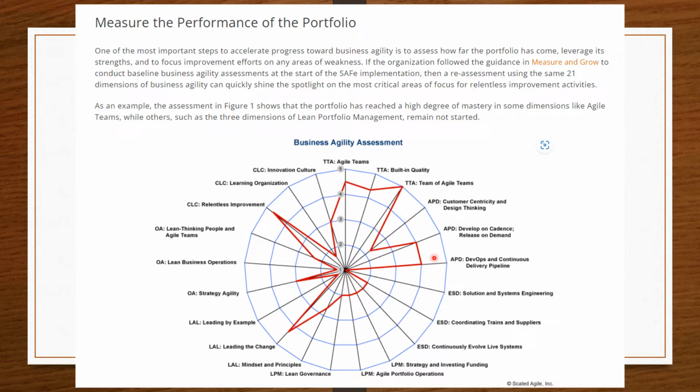You can do a business agility assessment, or you can use a lot of metrics in terms of team agility, technical agility, and product agility. You can measure and improve on each area. There are a lot of frameworks: a DevOps assessment, a business agility assessment, an agile maturity assessment. You can do a lot of things to measure the performance of the portfolio. It is possible.